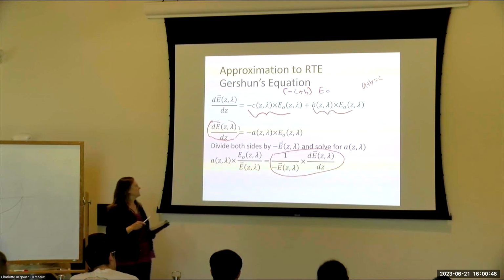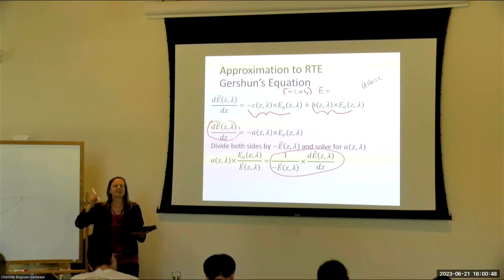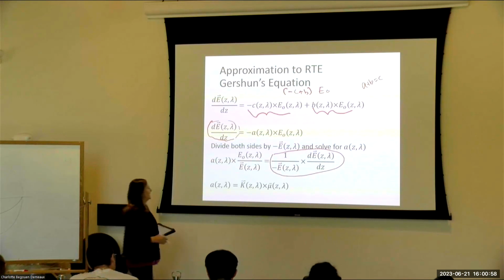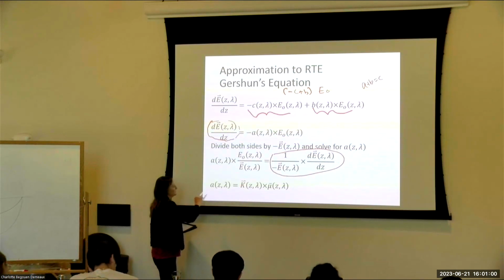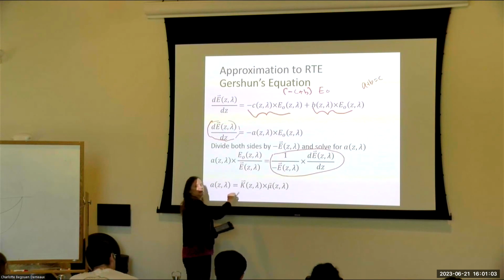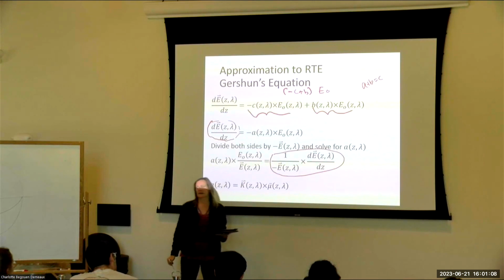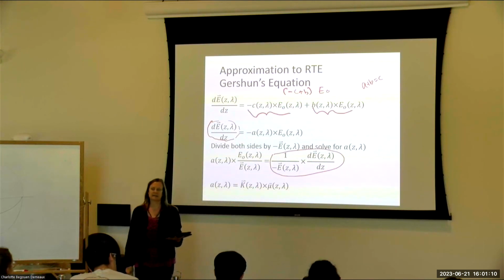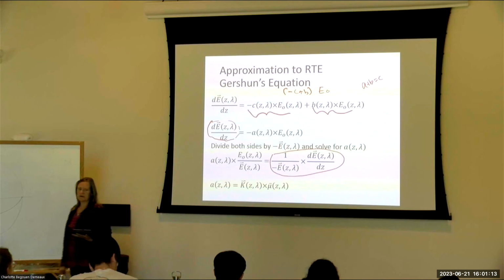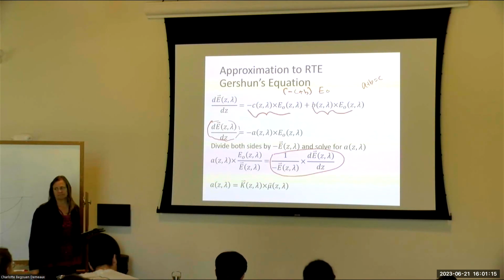So that is a ratio of something that has directionality to something that doesn't, which is an average cosine term. It's one of the other ones that Charlotte talked about. So it turns out that the absorption coefficient is equal to the attenuation of the net downward irradiance times the average cosine of the angularity of the light. And so you can calculate absorption from these measurements. And that is very cool.